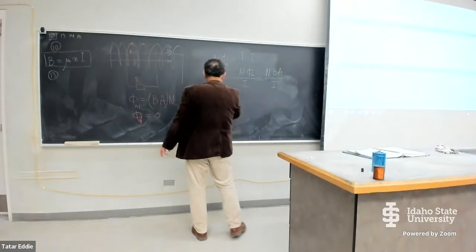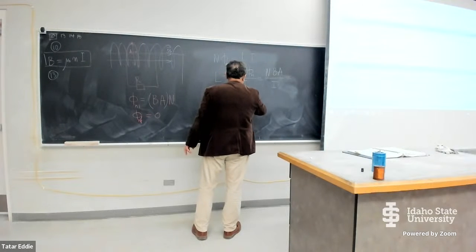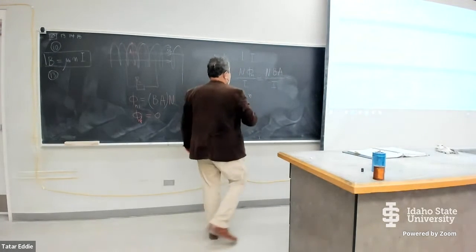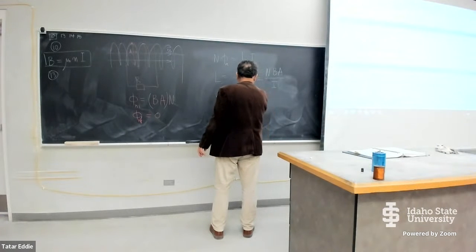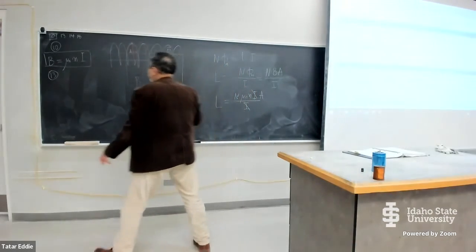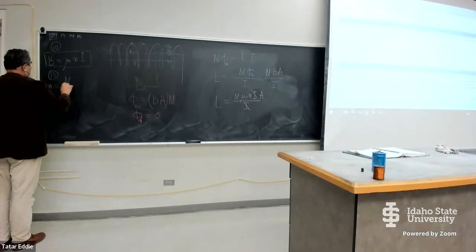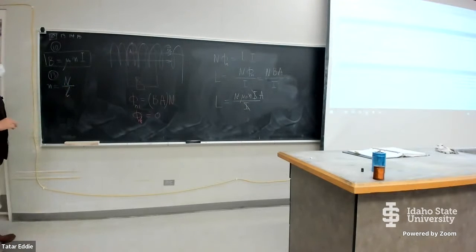So you're going to get L is equal to N. So instead of magnetic field, I'll write mu naught times number of turns per unit length, times area, divided by current. So N times mu naught n times current times area, divided by current. So current cancels out. And keep in mind that n is equal to the number of turns, capital N, divided by the length of the solenoid.